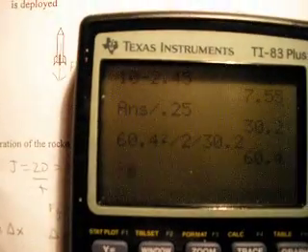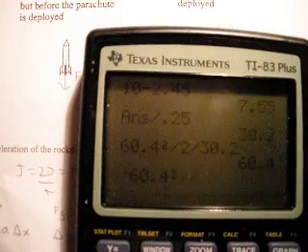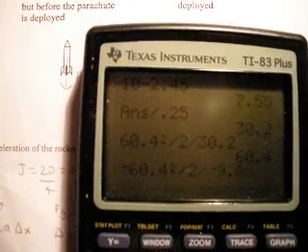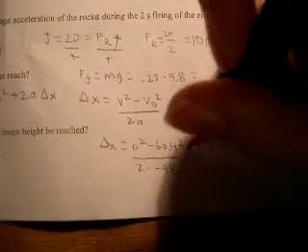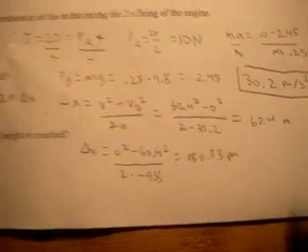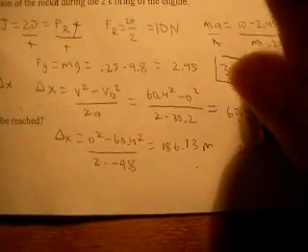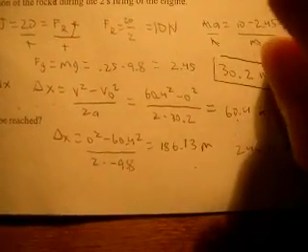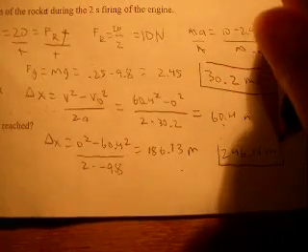So you get approximately 186.13. Add these two together, you get 246.13 meters as the total height that it will go.